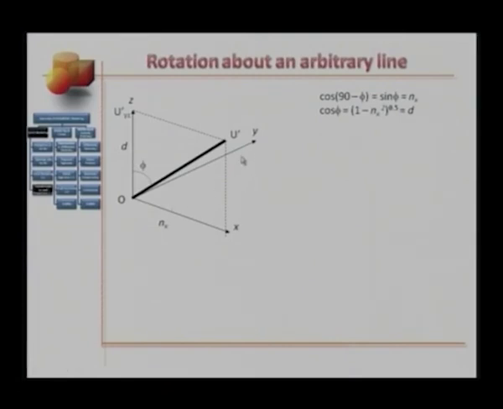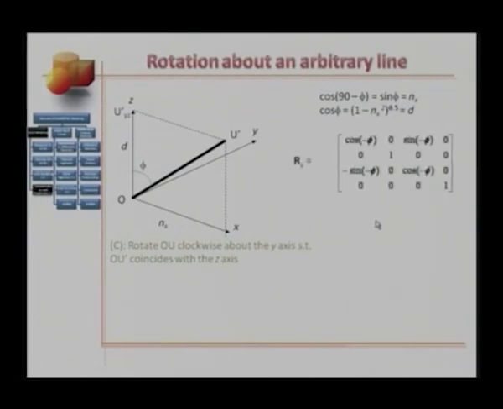I would want you to stand on this arrowhead and figure out whether, clockwise or anti-clockwise, OU prime would be rotated about the y-axis. You guess it right. It will be clockwise. I've already said this. Rotate OU clockwise about the y-axis such that OU prime coincides with the z-axis.